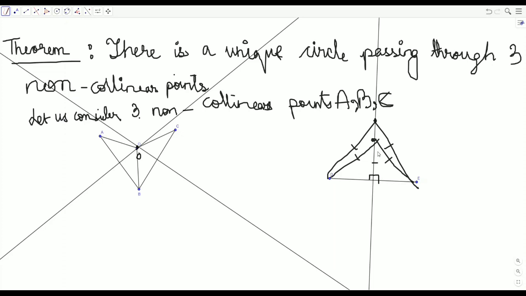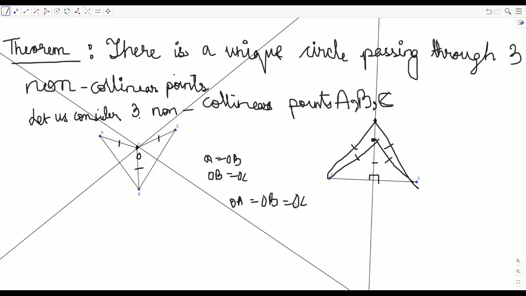Similarly, you can prove congruency, using it we can prove it. So we can say that OA is equal to OB and OB is equal to OC, so OA is equal to OB is equal to OC.